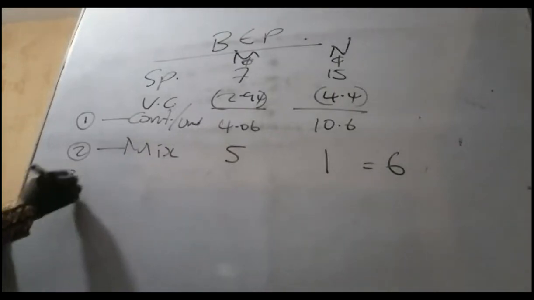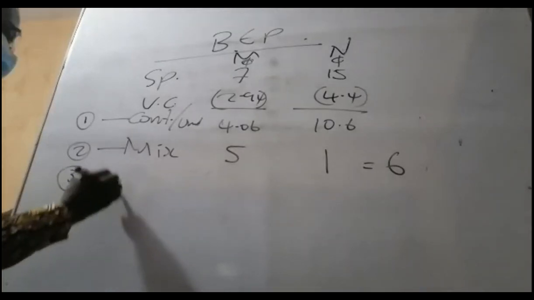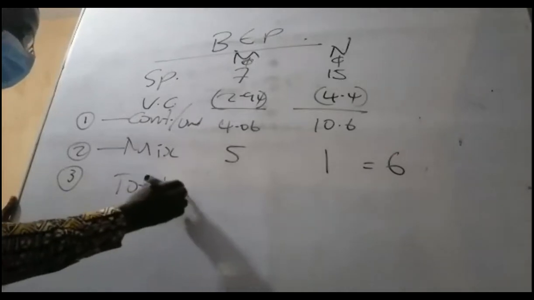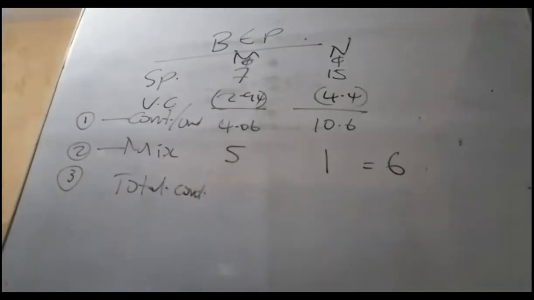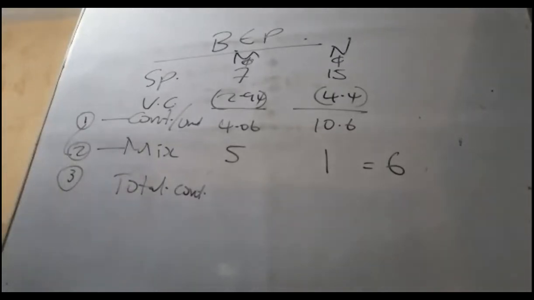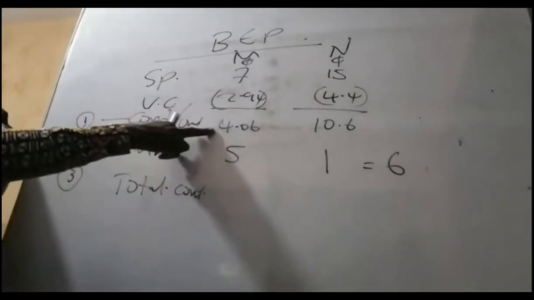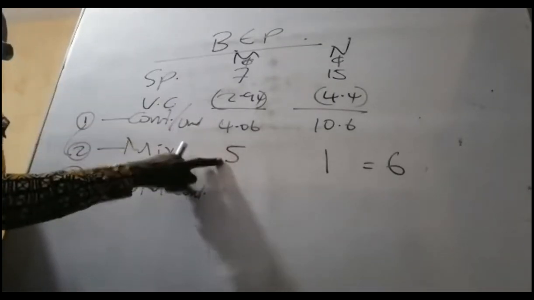Step 3 is what? Determine the total contribution. So let's write here total contribution. We do that by multiplying step 1 by step 2. So multiply each contribution per unit by the mix individually.